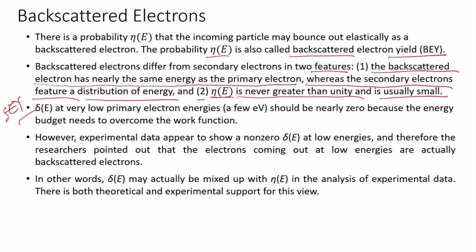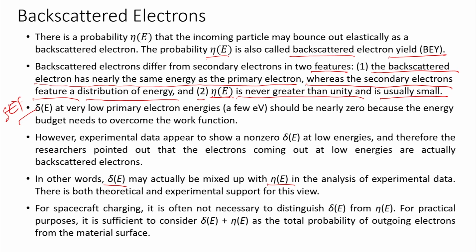So, delta E, the secondary electron emission coefficient or yield, may actually be mixed up with the backscattered electron yield, eta E, in the analysis of the experimental data, and both theoretical and experimental work supports this view.